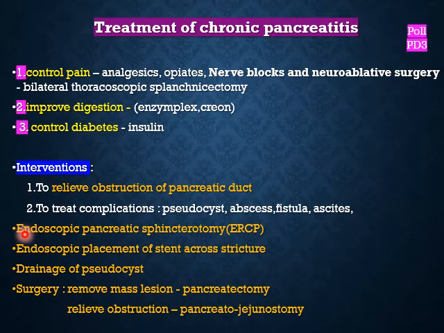And this relief of obstruction can be done through endoscopic procedures, ERCP, by doing a sphincterotomy and placement of stents across the strictures in the pancreatic duct, drainage of pseudocysts through ERCP, and lastly surgery to remove any mass lesion that may cause obstruction.